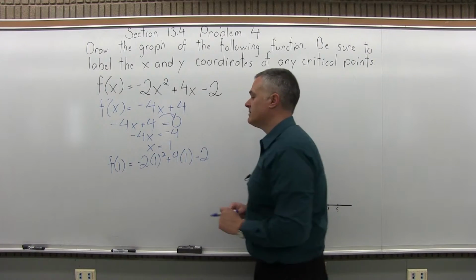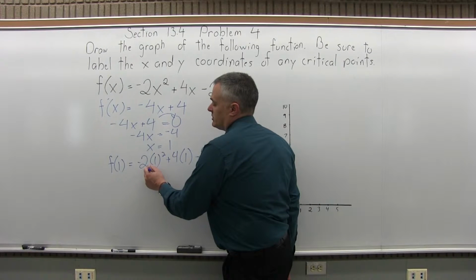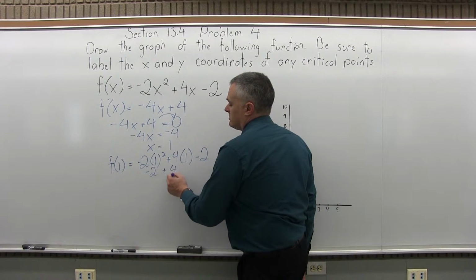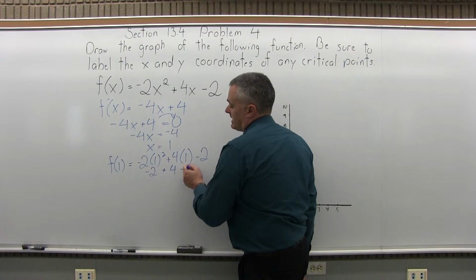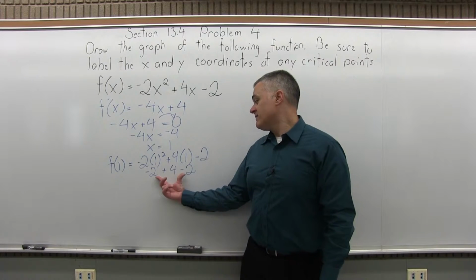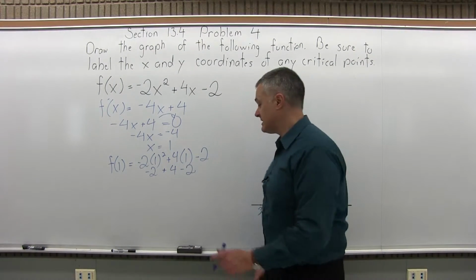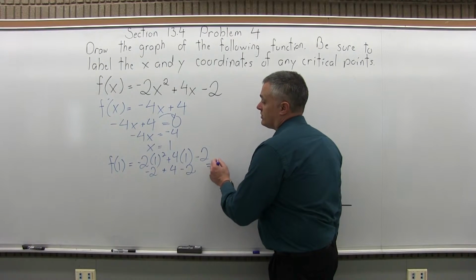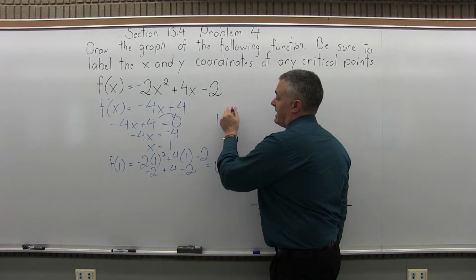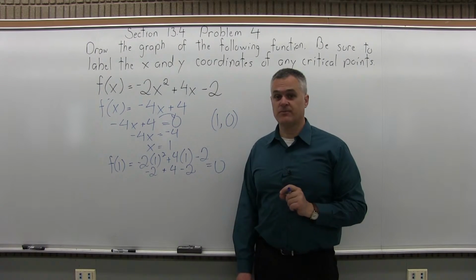So 1 squared is 1 times the minus 2 in front is minus 2. And then 4 times 1 is 4. And then minus 2 on the end. Pay attention to your signs, very important. Now I'm going to have negative 4, positive 4 when I combine everything. And the answer I get is 0. So the y coordinate that goes with my x of 1 is 0. So x value is 1, y value is 0 for my critical point.